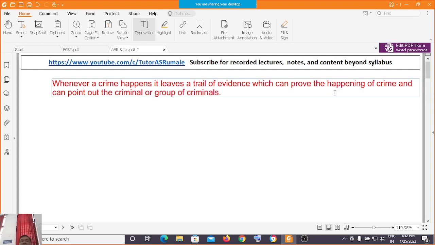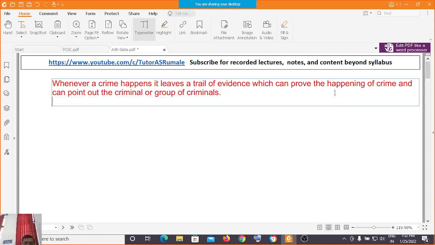Now, what is evidence? Evidence is any proof that shows or gives details or partial information regarding a crime.